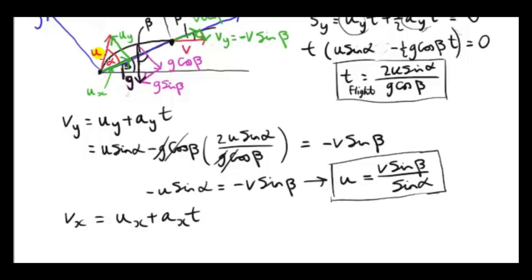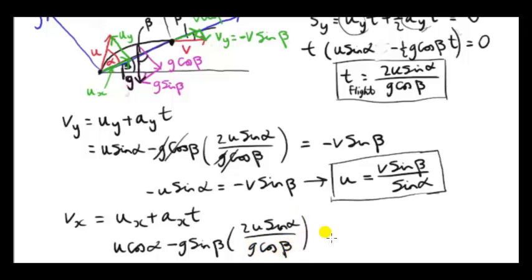So the x component is u cos alpha. Now the acceleration in the x direction is negative. You can see it's pointing down the incline in the negative x direction. And we multiply this by the time of flight. And that gives us the x component of the final velocity.